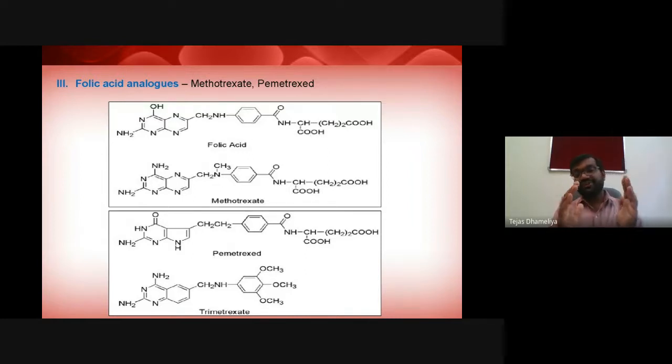So folic acid के structure को you can divide in three equal parts and remember them: pteridine ring, para-aminobenzoic acid, and this other component called glutamic acid. Okay, so now we wish to see what is the difference between the folic. You know, folic acid is nothing but vitamin B9, which is majorly present in green leafy vegetables.